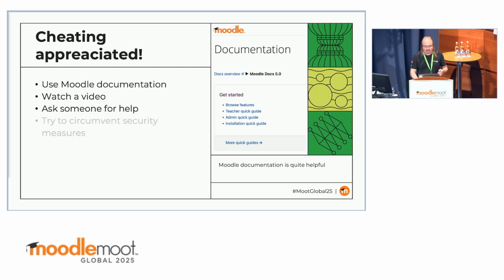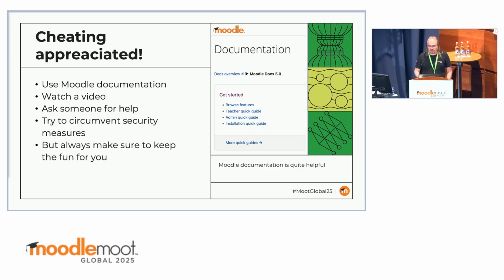You can try to circumvent the security measures. Everything is possible, and if you find a way to solve a puzzle that's better than mine, I'm very proud of you. But always make sure to keep the fun for you. You can just ask another person who solved it for the passwords. So, why do that?